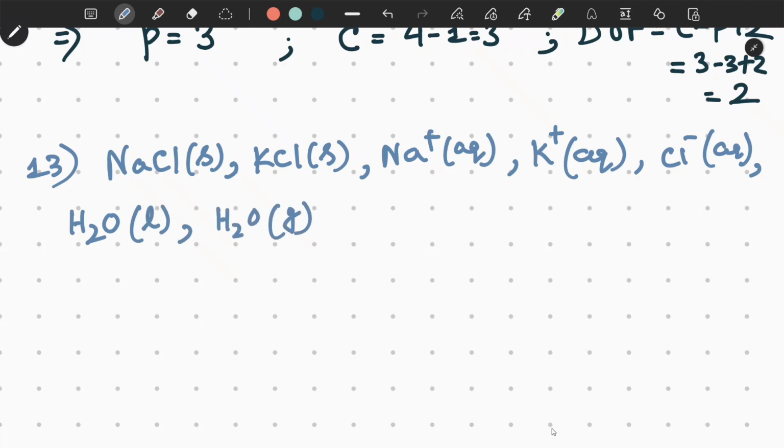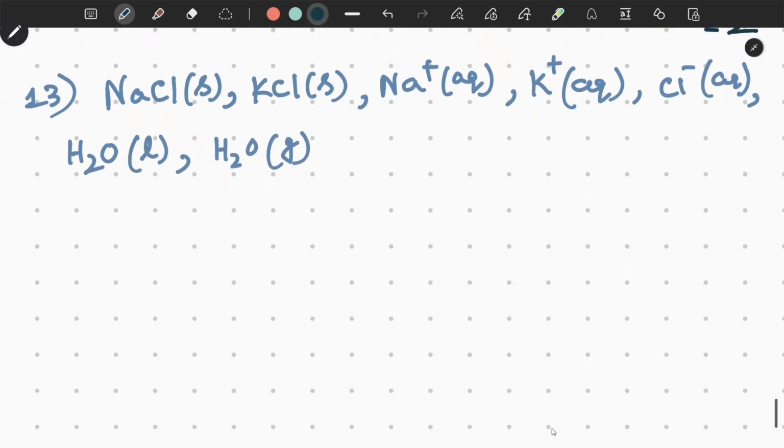Now calculate the number of phases, components and degrees of freedom. Phases is easy, I think. Phases is 4. How? Two solid, one gas, and one liquid. Yes, four.